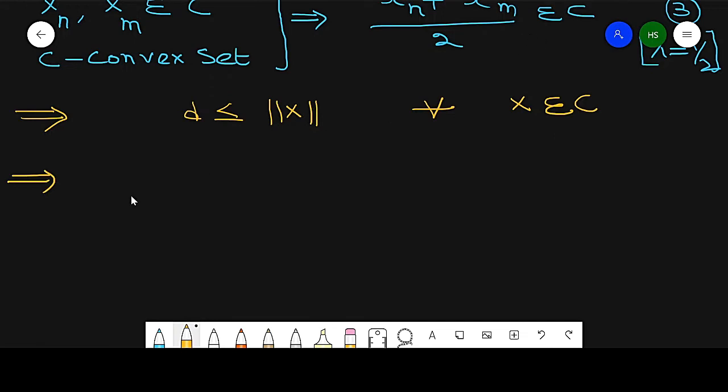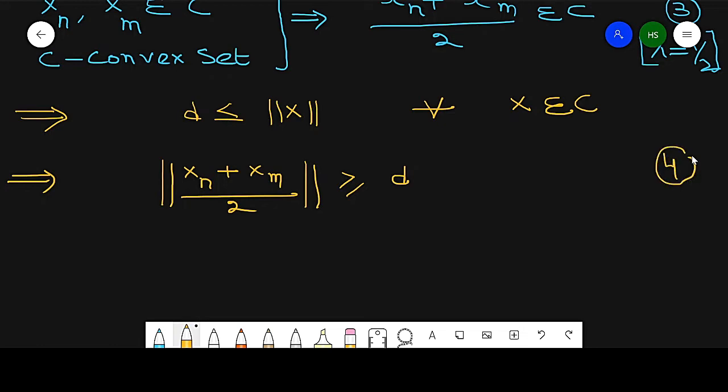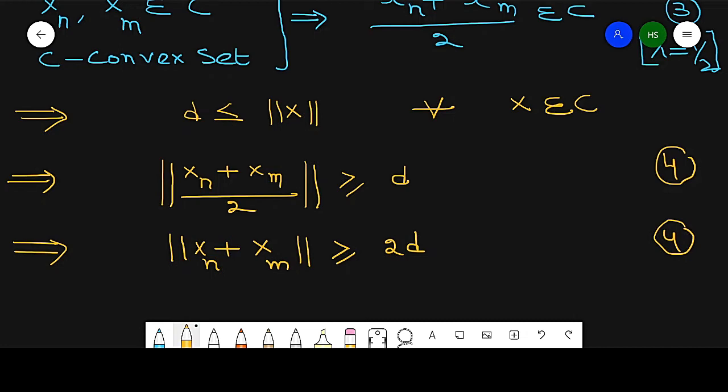So this is a member of C, and it satisfies the condition: the norm of (xn plus xm) over 2 is greater than or equal to D, which is equation number 4. It can also be written as the norm of xn plus xm greater than or equal to 2D. So they are the same.